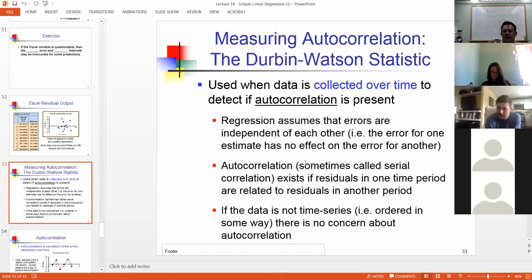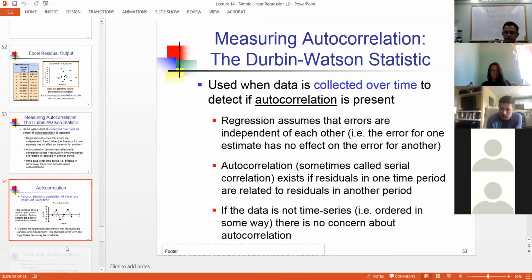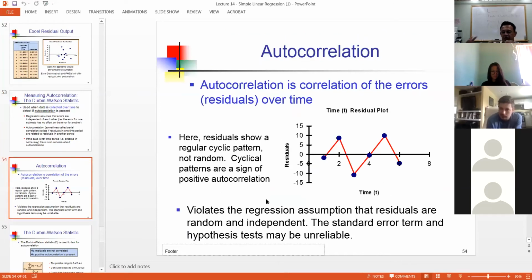So we can also use the Durbin-Watson. When we have data that's collected over time, we want to detect autocorrelation. So correlation is things that actually go together.